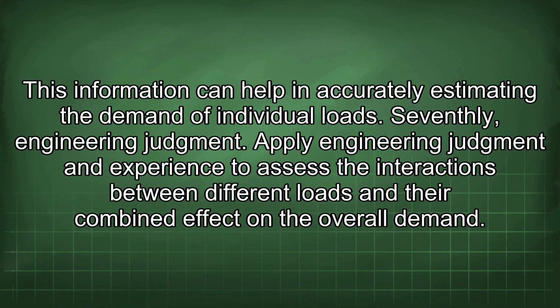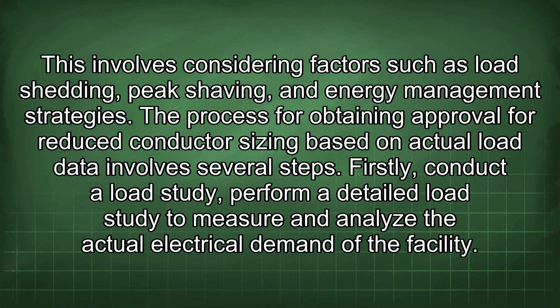This information can help in accurately estimating the demand of individual loads. Seventhly, engineering judgment. Apply engineering judgment and experience to assess the interactions between different loads and their combined effect on the overall demand. This involves considering factors such as load shedding, peak shaving, and energy management strategies.